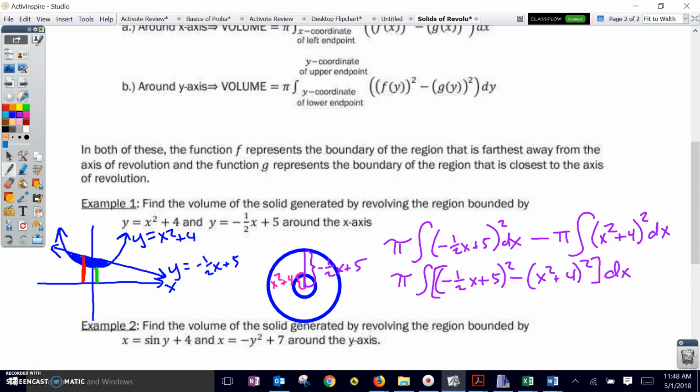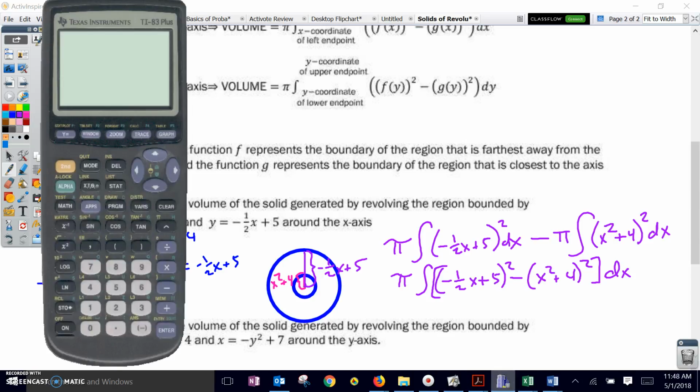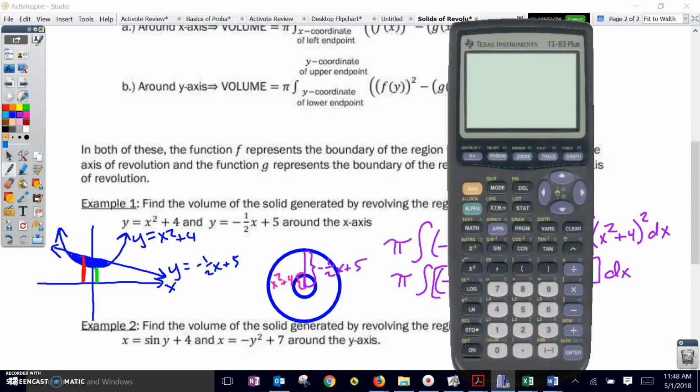And now we need the limits of integration. And I can either set these two equal to one another and solve algebraically, or I can turn to my graphing calculator to find these intersection points. So I'm going to go in here and make sure I'm in the right mode. And I'll graph these two curves, y equals x squared plus 4, and y equals negative 1/2 x plus 5.